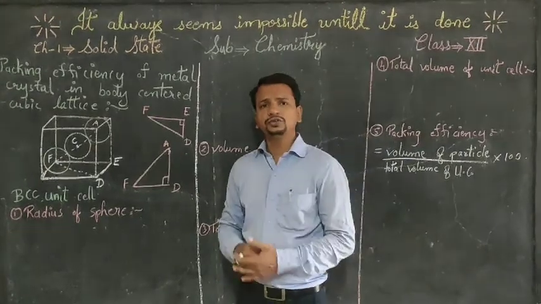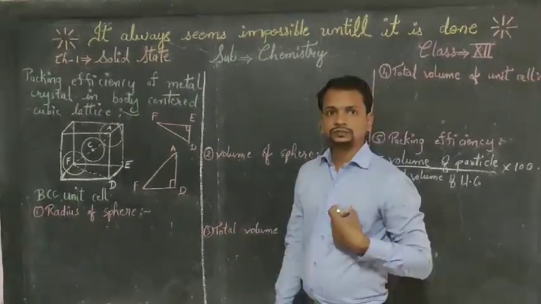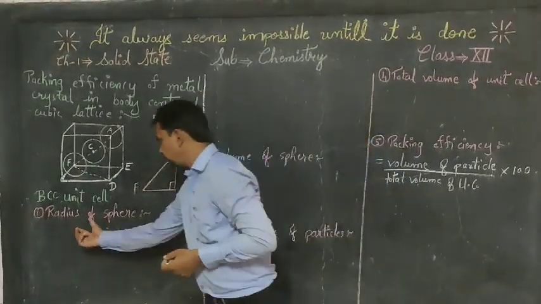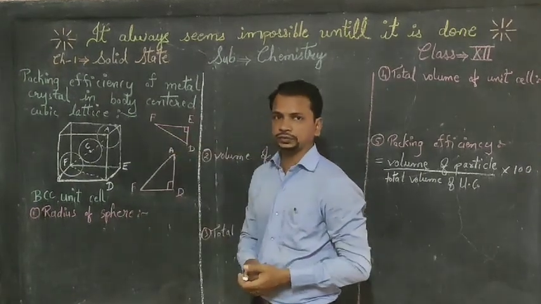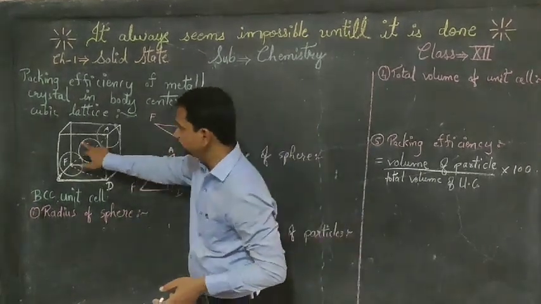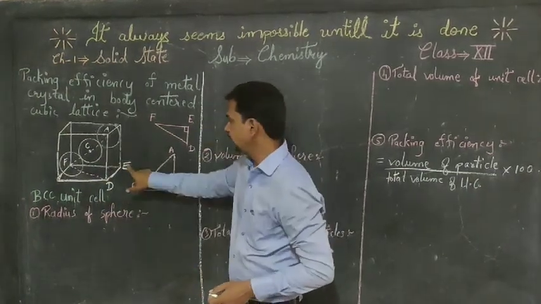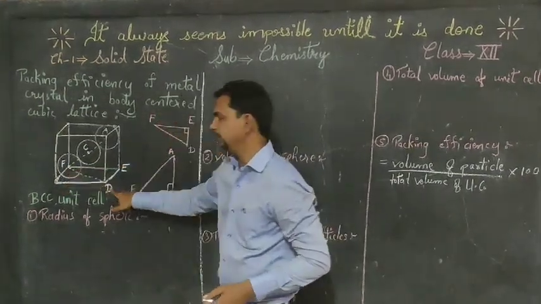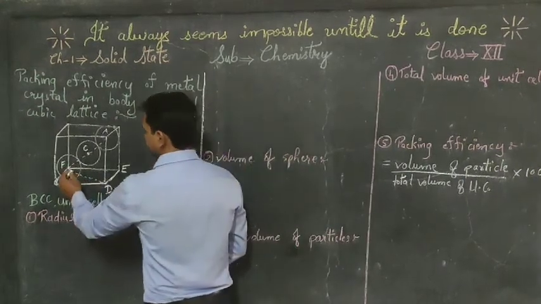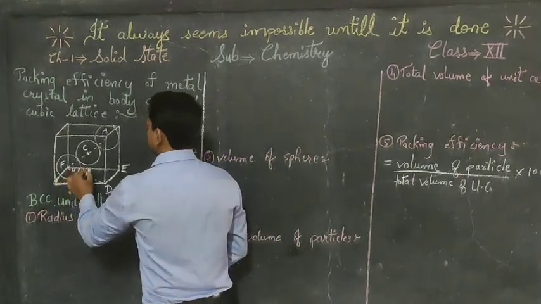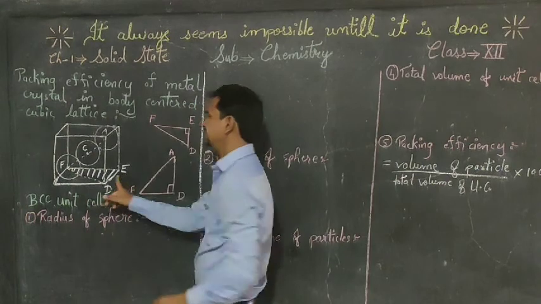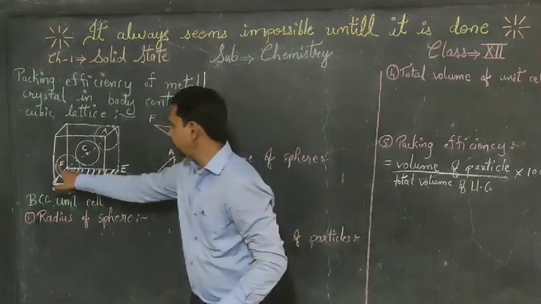Okay, so we will proceed forward, students. We will find out the radius of sphere. In order to find the radius of this sphere, first we will consider this triangle, triangle EFD, the lower triangle. For your convenience, I am shading this triangle EFD.